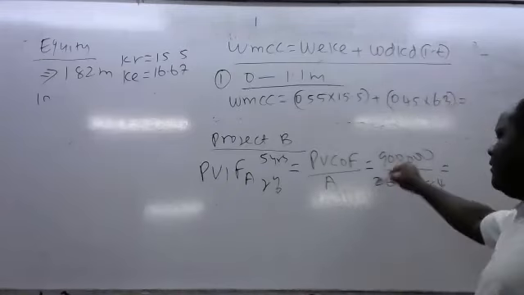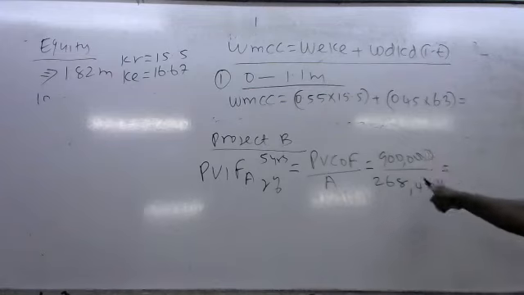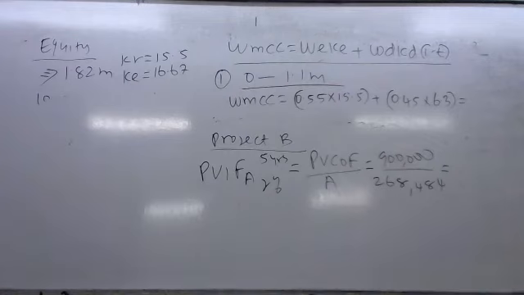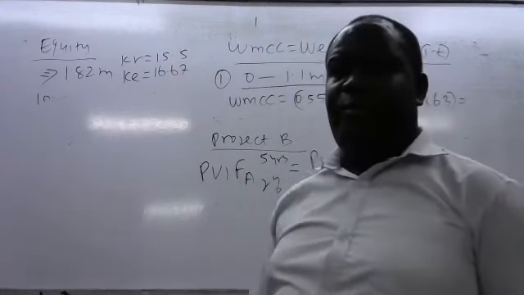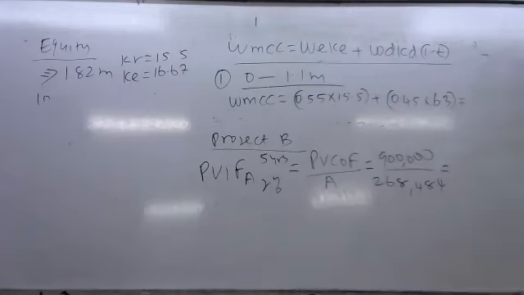I want you to divide, and round off the figure you get to 4 decimal places. So when you take 900,000 divided by 268,484 and round off to 4 decimal places, which figure does it give us?